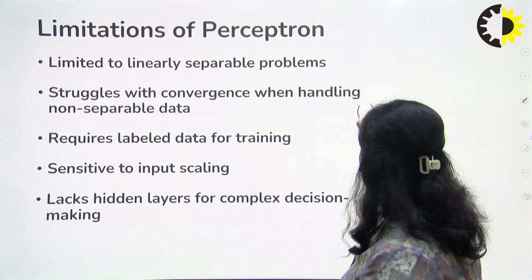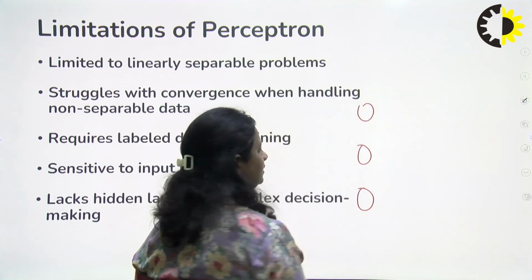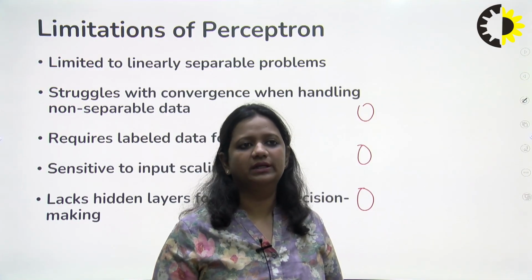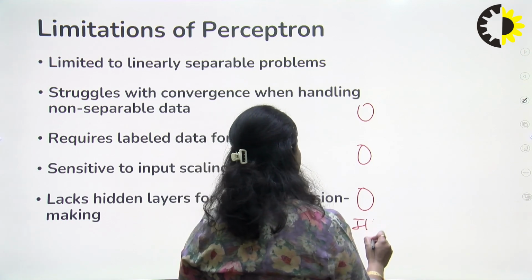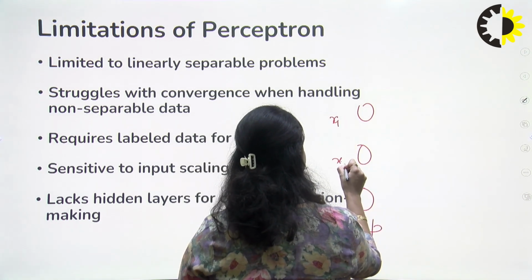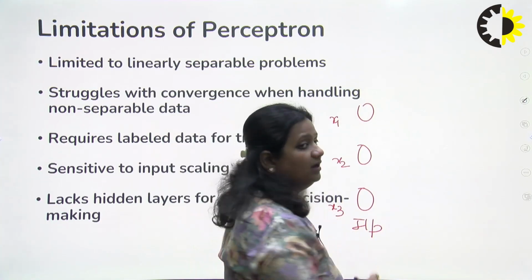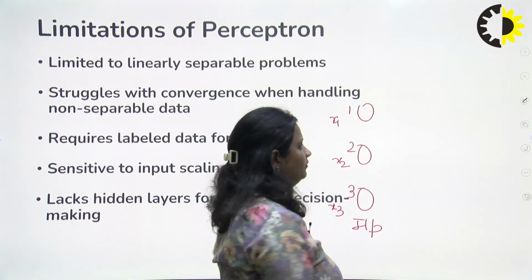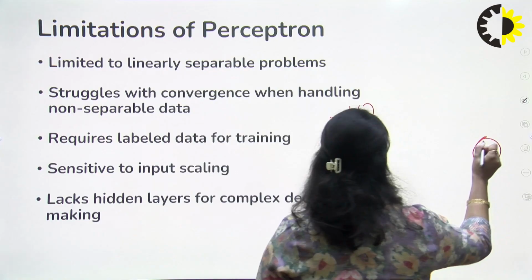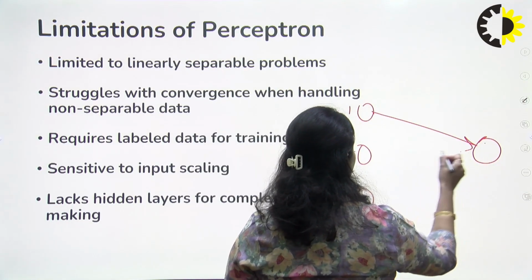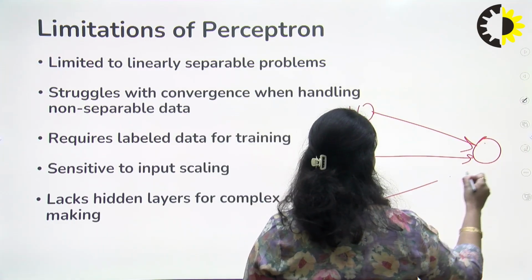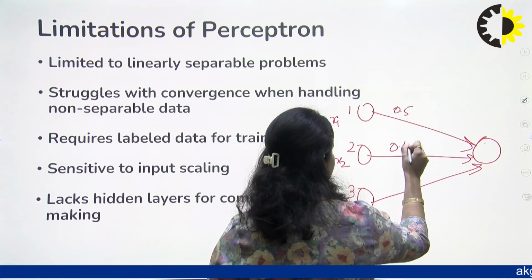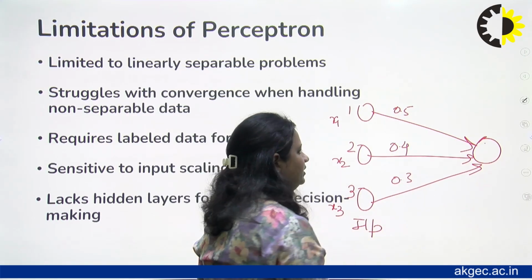For example, if we have 3 input nodes, or we can say our neurons, or features and characteristics in the input layer, x1, x2, x3, which have some weights.